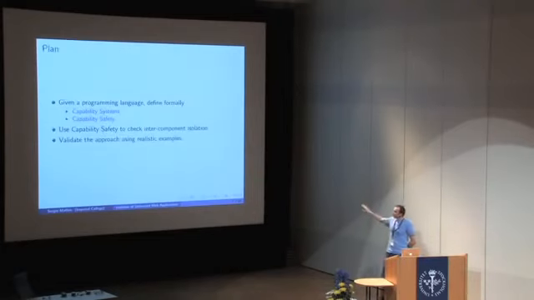So in particular, now in the rest of the talk, I'm going to talk about what is our formal notion of capability system, that is of a language that can be classified as capability-oriented, and then define a notion of what it means to be capability-safe, and use that notion in order to enforce intercomponent isolation in the mashups. And then I will mention how we validated this approach on real examples.